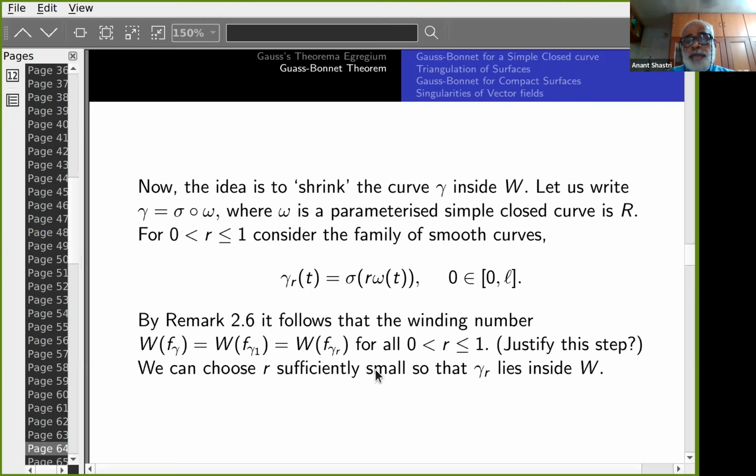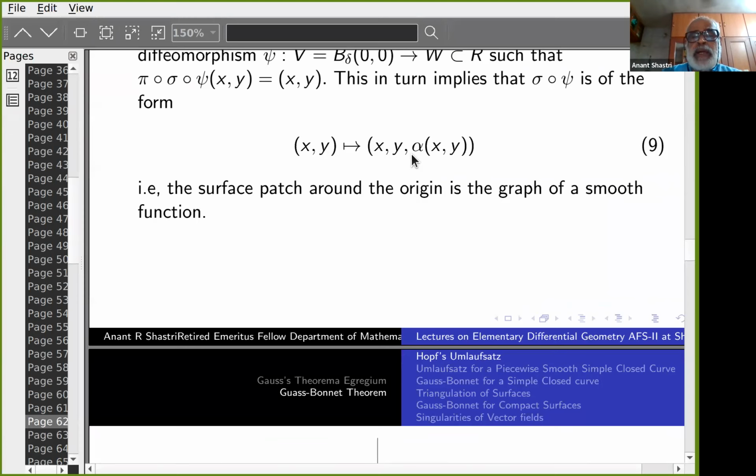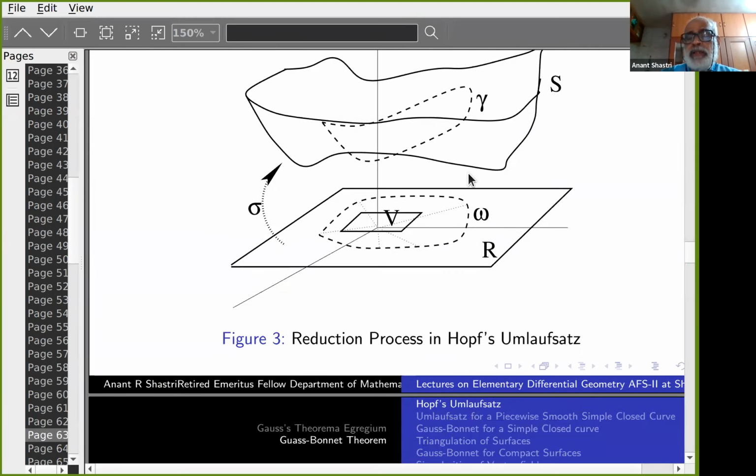So we can choose r sufficiently small, so the gamma r lies inside W. So the conclusion of this step is that the entire curve is also inside the surface patch here, xy going to alpha of xy.